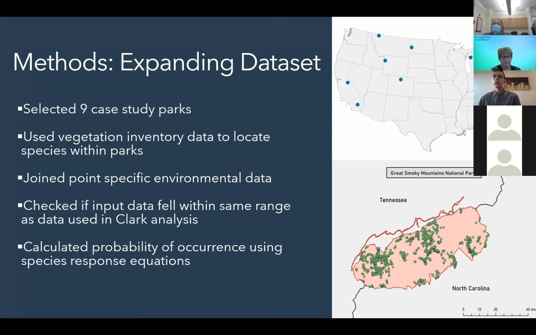And since we have this specific data in these parks, we can then join the specific environmental data at those locations as well. And after that, we checked if the input data that we're using that's getting joined to those plots falls within the same range as the data used in the Clark et al. models. And from there, we then input our data into the models to calculate probability of occurrence.